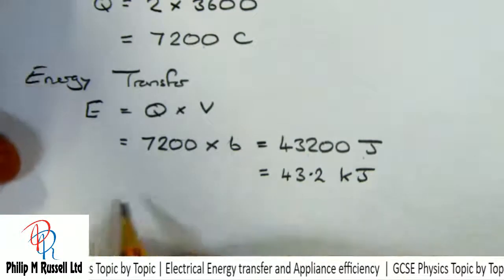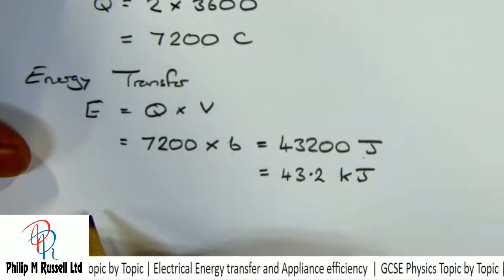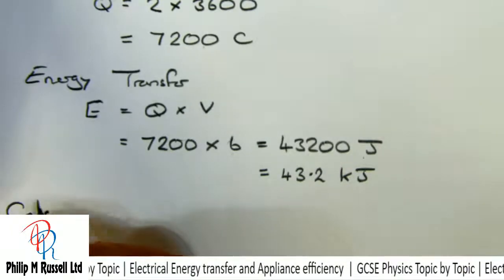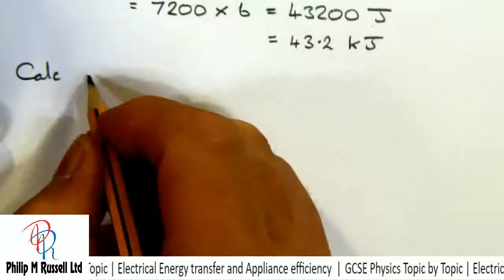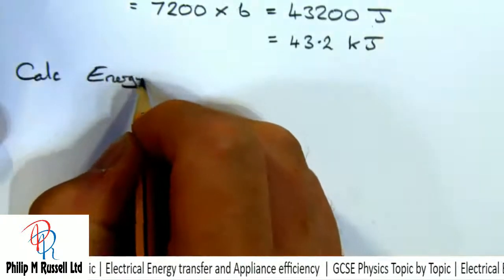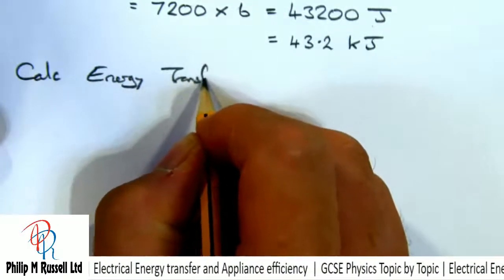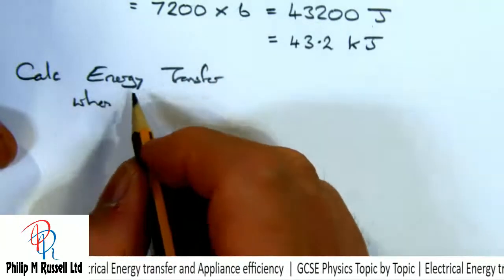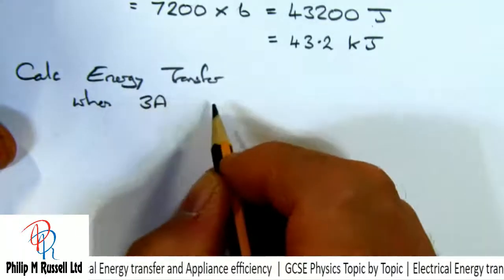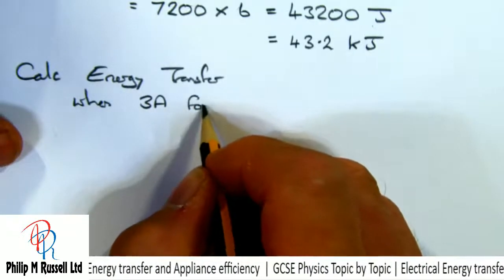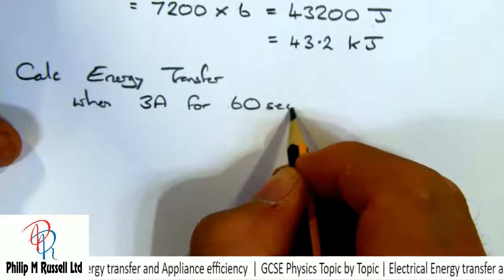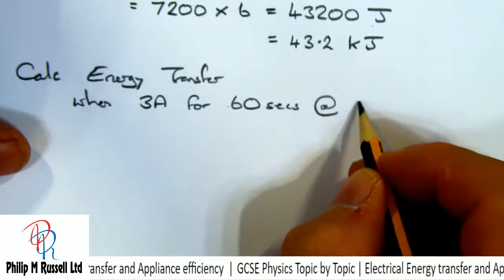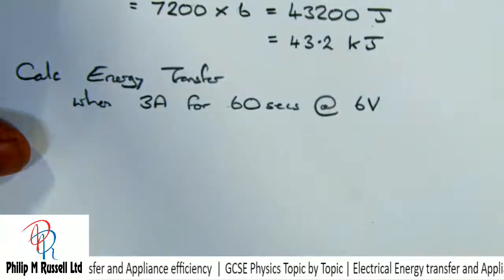Usually when they give you a question like this, it might be something more like, let's have a problem then, let's calculate the energy transfer. Let's make some numbers up, let's have 3 amps for 60 seconds at 6 volts.